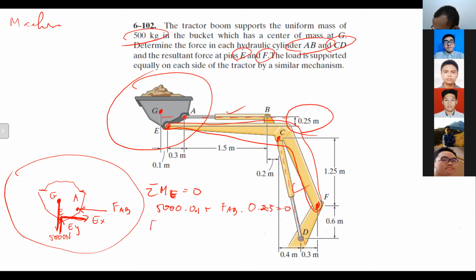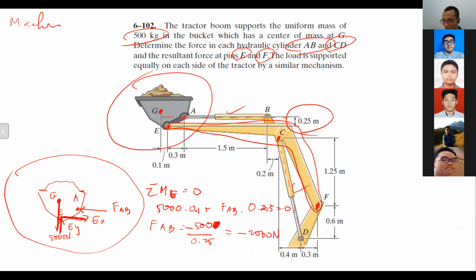The result will be FAB equal to 500 divided by 0.25 with a minus sign. So negative 2000 newtons. This one is 500, yes. Negative 2000 newtons, so the real FAB is supposed to be going to the right.